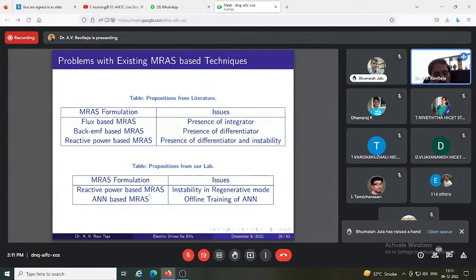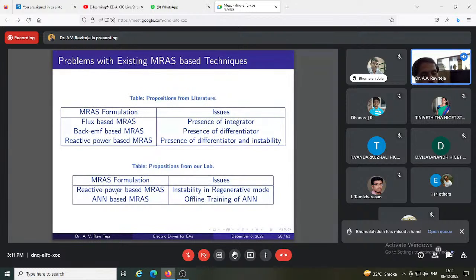So we proposed some algorithms based on literature. There are some issues with the literature-based speed estimation techniques, like presence of an integrator, so low speed operation becomes a trouble. Presence of a differentiator, when there is noise, it gets amplified. Presence of a differentiator and instability, this is also having a noise problem.